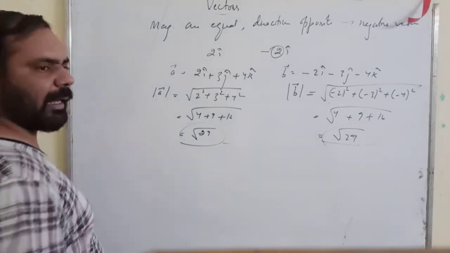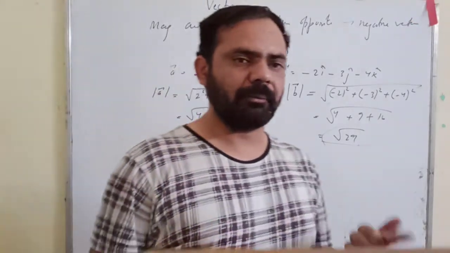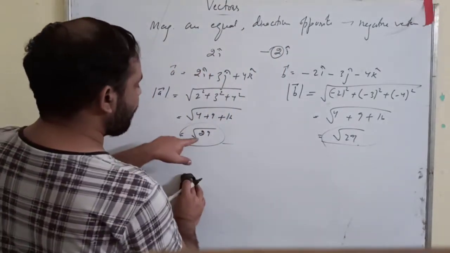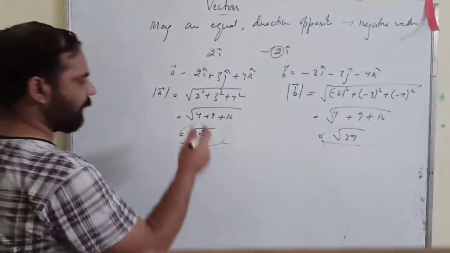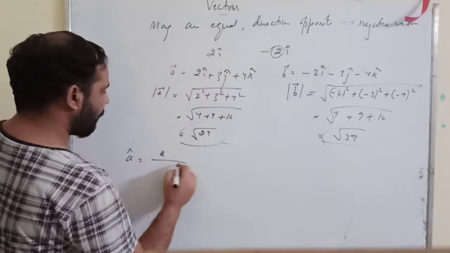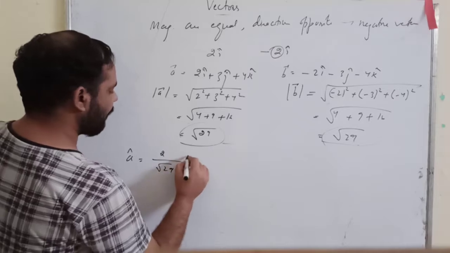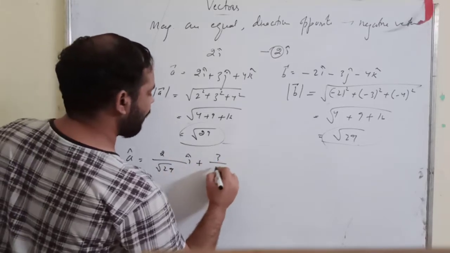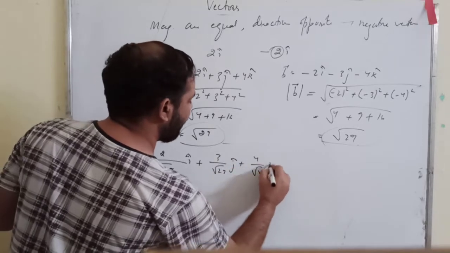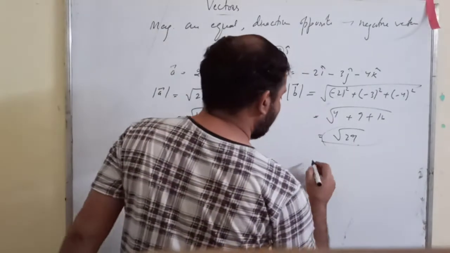Now let us obtain the direction. And for direction, what we need? We need the unit vector. Now we have the magnitude here under root 29, here also under root 29. So A cap is 2 upon under root 29 i cap plus 3 upon under root 29 j cap plus 4 upon under root 29 k cap. What will be the unit vector here?